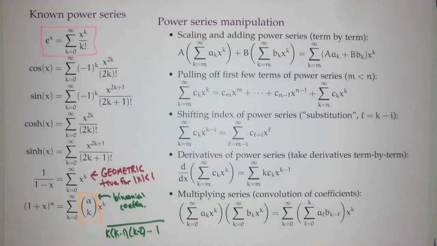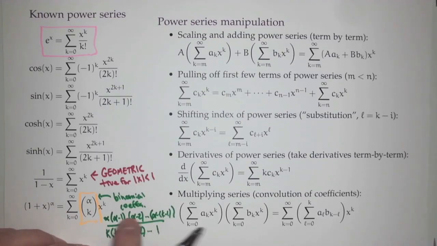That's exactly what you should think. Now the upstairs, you do something really similar, except you start at alpha. Alpha, alpha minus 1, alpha minus 2, and you keep going, not down to 1, but until you get k terms upstairs. So there are k terms multiplying downstairs, and k terms multiplying upstairs. The only difference is, where do you start? Downstairs starts at k and goes down to 1. Upstairs starts at alpha and goes until you have k terms.